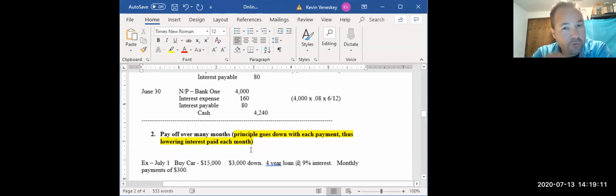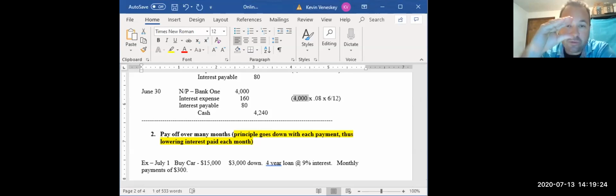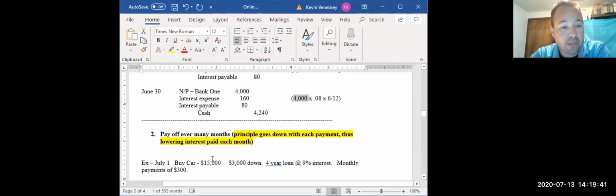And I wanted to show you how it's a little bit different when you have monthly payments, because what's different is that this amount, the principal, is continually going down a little bit at a time. And the lower your principal gets, the lower the interest is, and the more of the money that you pay goes towards your actual principal and not towards interest, because you don't want it to go towards interest.